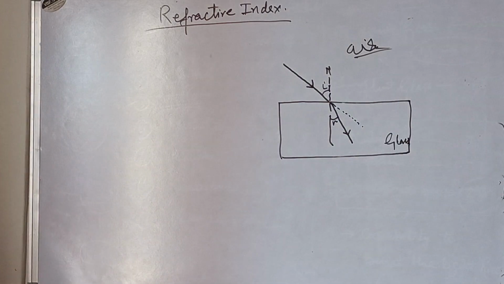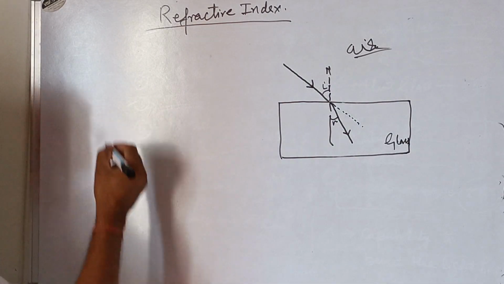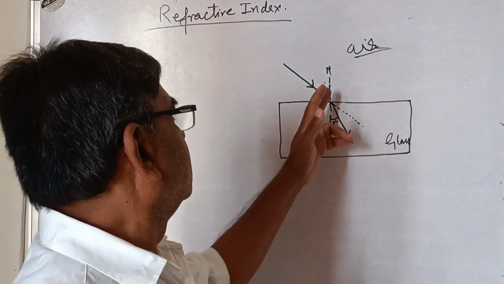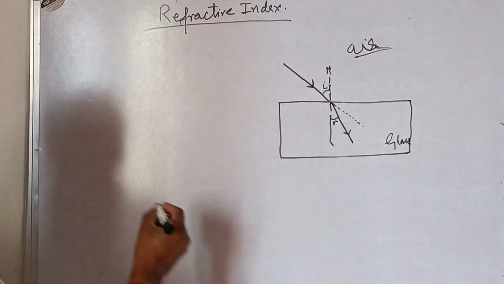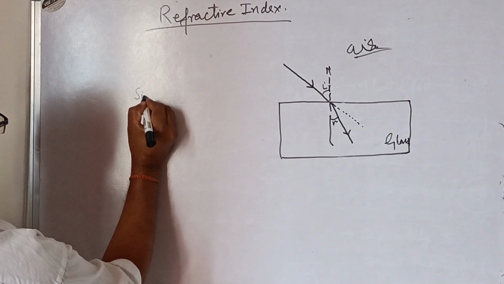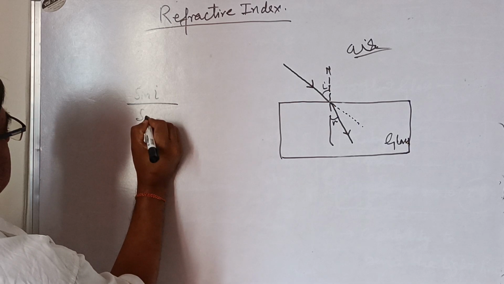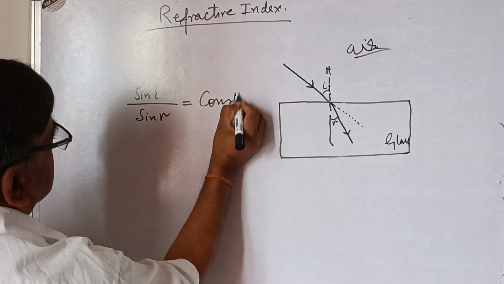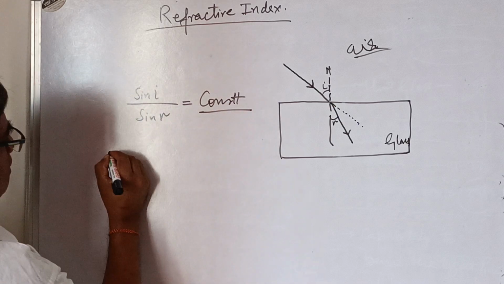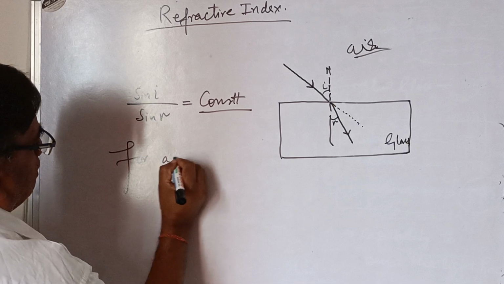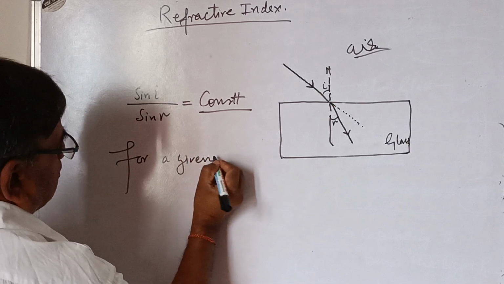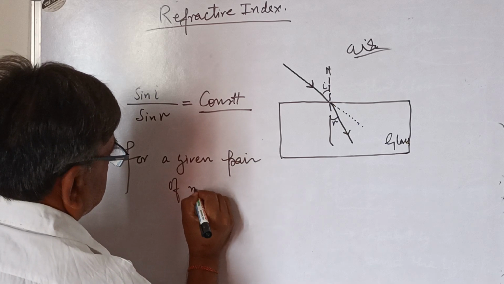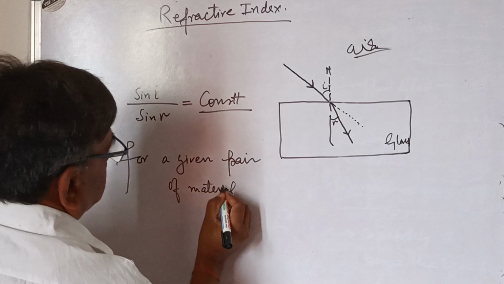So, the second law of refraction. Snell's experiment established that there is a relation between I and R, and he found that sin I upon sin R is constant for a given pair of materials.